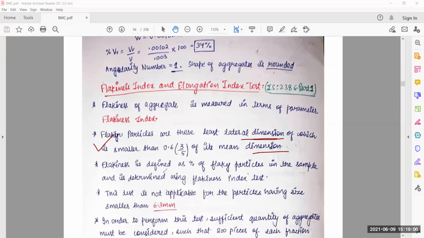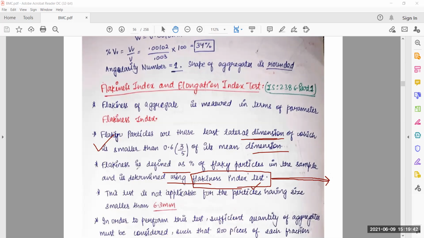Basically, flakiness is defined as percentage of flaky particles in the sample and is determined using the flakiness index test. I already discussed that for finding flakiness of a particle, we use the flakiness index test. This test is used to find the flakiness property of the aggregate.